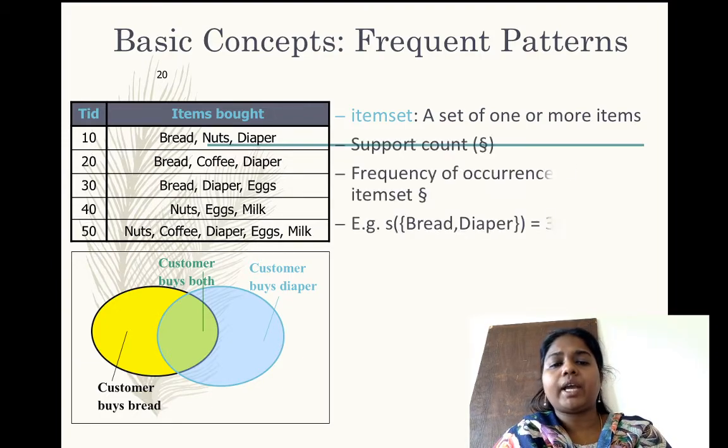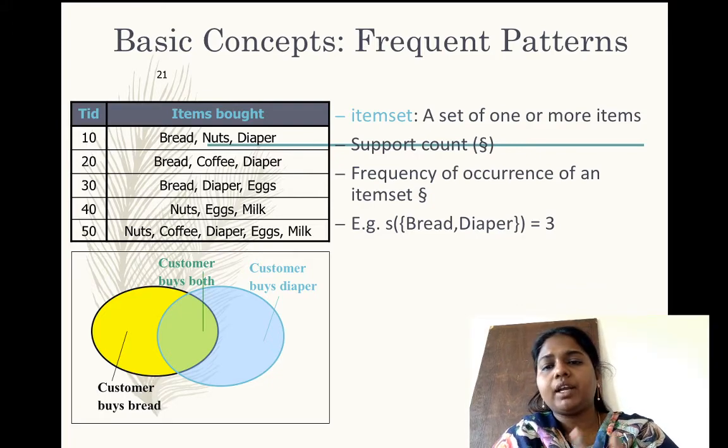Now I try to calculate the support value. Support value is the frequency of occurrence of an item set. An item set means a group, a bunch of items that are purchased together. Here my item set is bread and diaper.